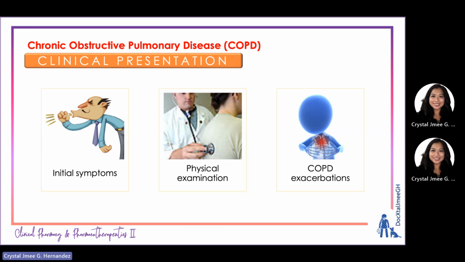Now, in occurrences of COPD exacerbations, we can observe worsening of dyspnea or difficulty of breathing. There would be increased sputum volume and increased sputum purulence, or the presence of pus. Other features would include chest tightness, obviously because there would be increased mucus production, and increased need for bronchodilators, as this mucus would fill the lung branches.